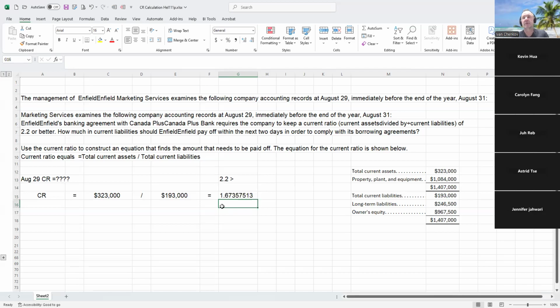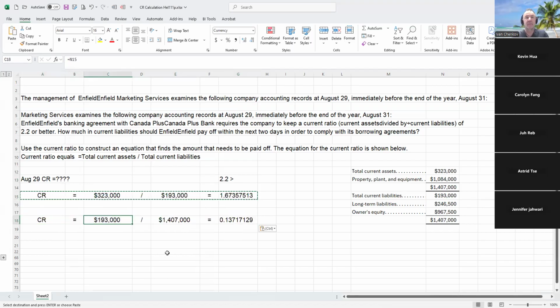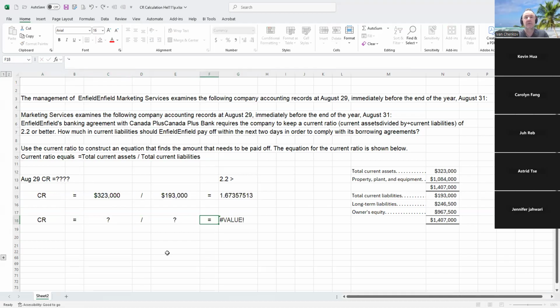Now we're going to the simple calculation. What should we do? Once I get this calculation, what will be my number here? So once I get those two numbers, we have 2.2 here.